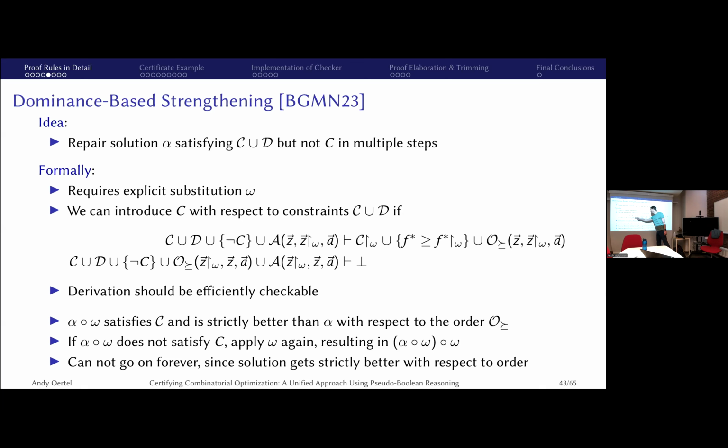What this condition says is that this time we have the substitution on the other side.